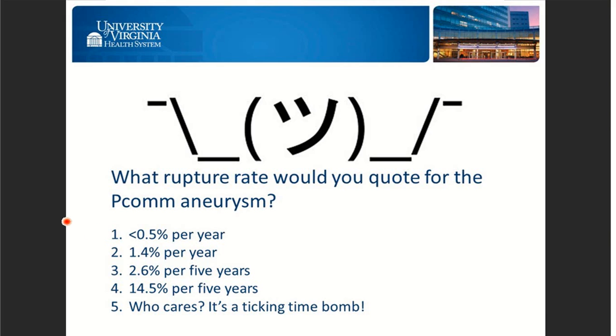And really, our understanding, based on previous literature, is anywhere from less than 0.5% per year, 1.4% per year, 2.6% for 5 years, 14.5% for 5 years, or also, who cares, ticking time bomb, all aneurysms.